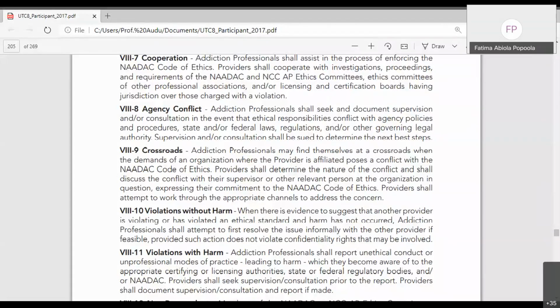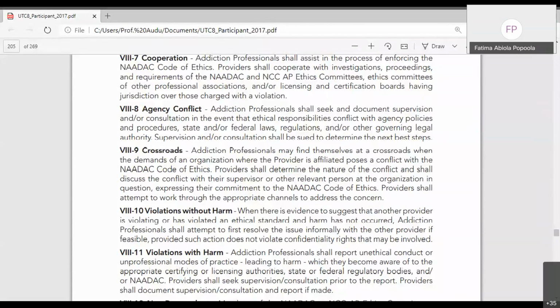10. Violation without harm. When there is evidence to suggest that another provider is violating or has violated an ethical standard and harm has not occurred, addiction professionals shall attempt to first resolve the issue informally with the other provider, if feasible, provided such action does not violate confidentiality rights that may be involved. 11. Violations with harm.